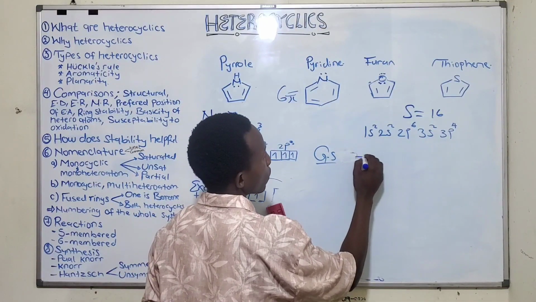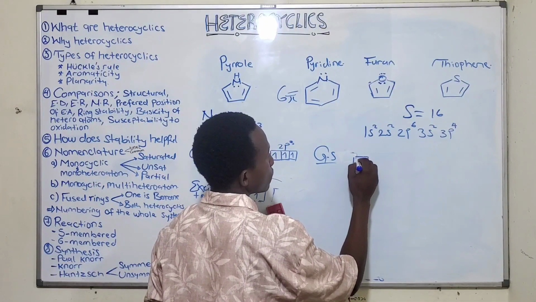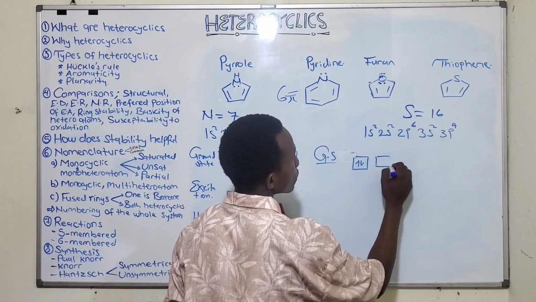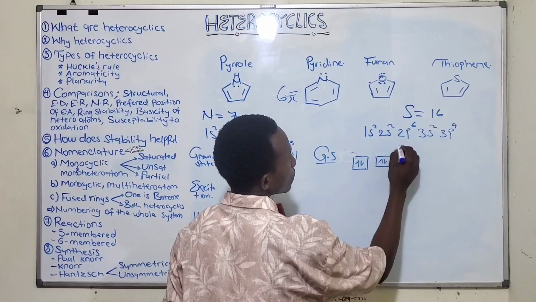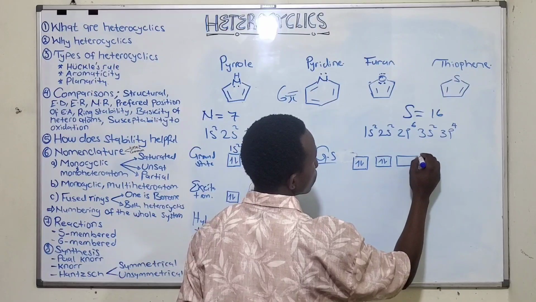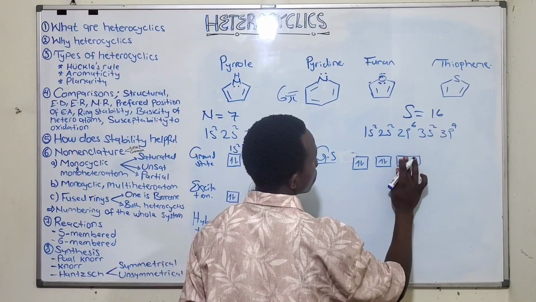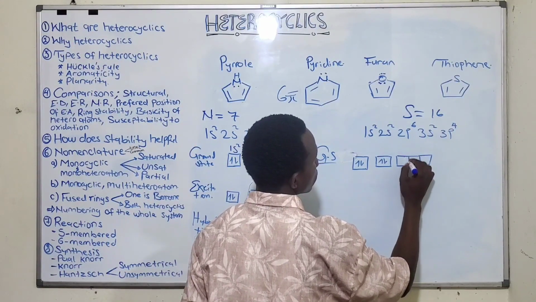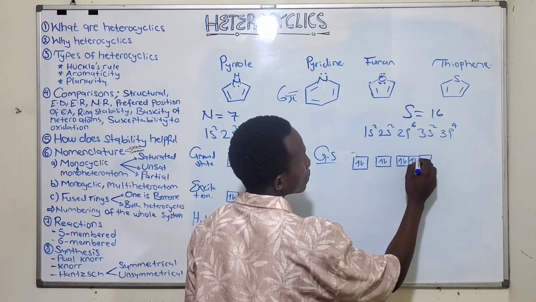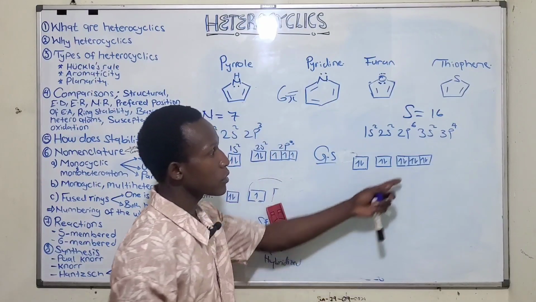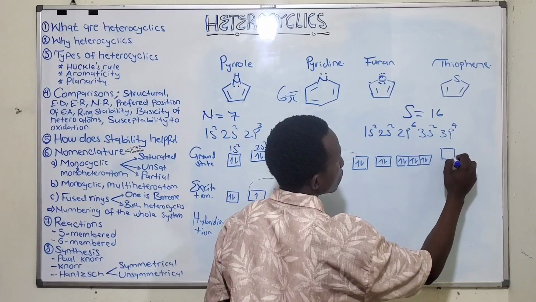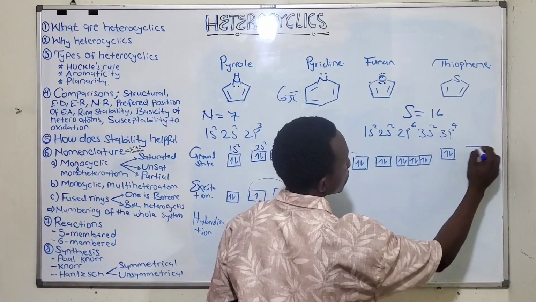we have 1s. Then we have 2s, and we have 2p. At 2p, they are all full. Then we have 3s and 3p.